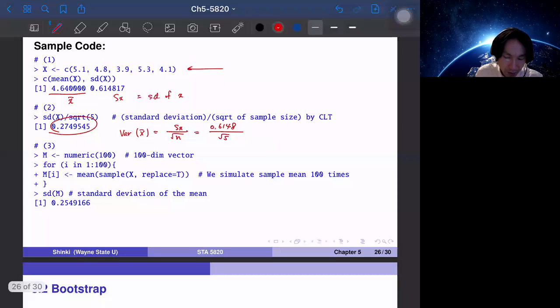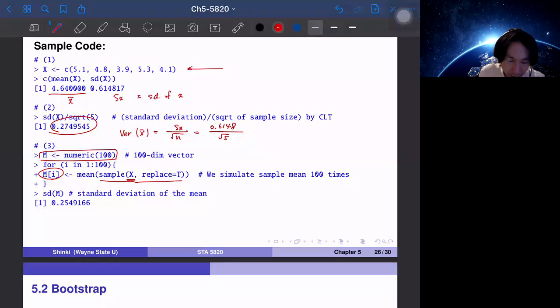But we can almost replicate this number by Bootstrap. That means we sample 5 observations out of x. We can use the sample function with replace equal to TRUE. Then we store that in vector m. So we create m, the space to store the 100 x bars.